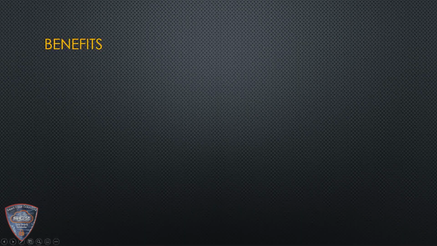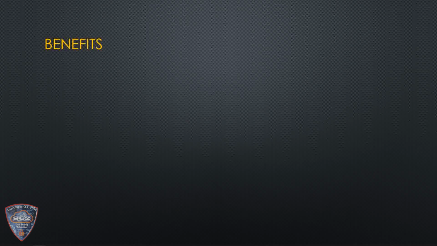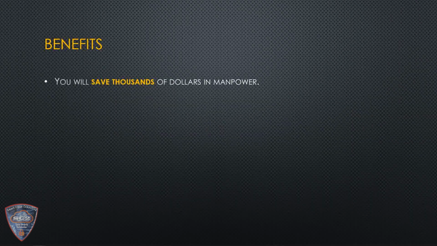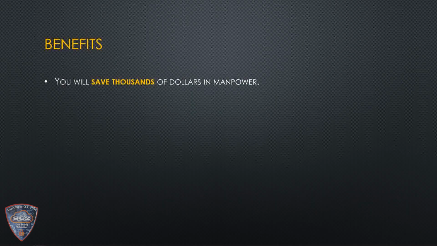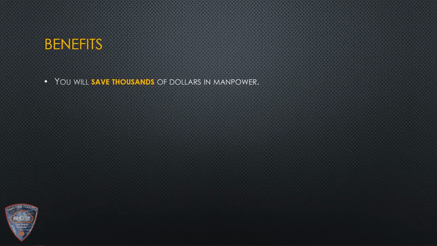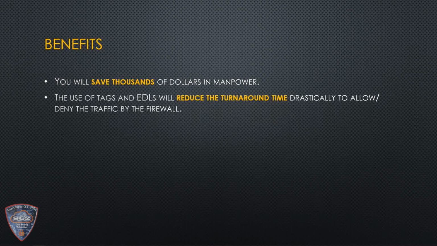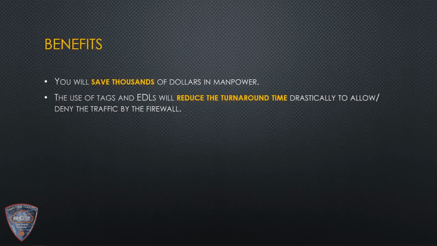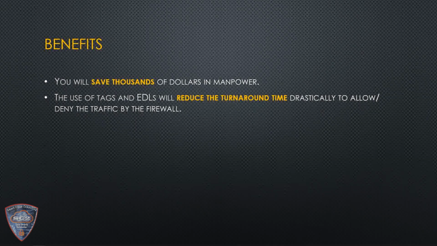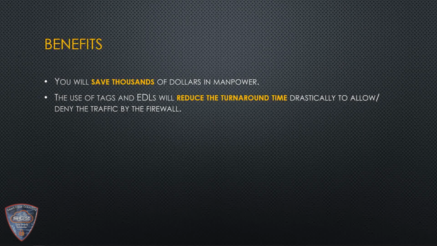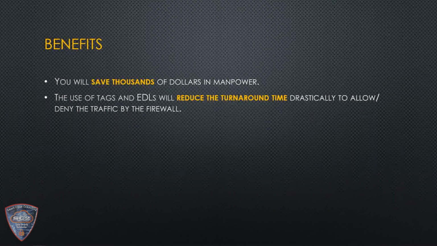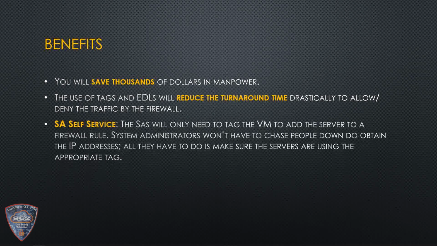Why use tags from VMware's vCenter and AWS? What are the benefits? First and foremost, you will save thousands of dollars in manpower, because when you build security policies and firewall rules based on vCenter and AWS tags, the firewall engineers will no longer have to modify an existing security policy that matches the criteria needed by the system administrators.